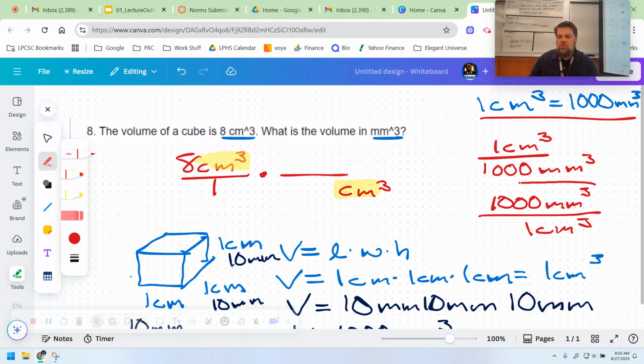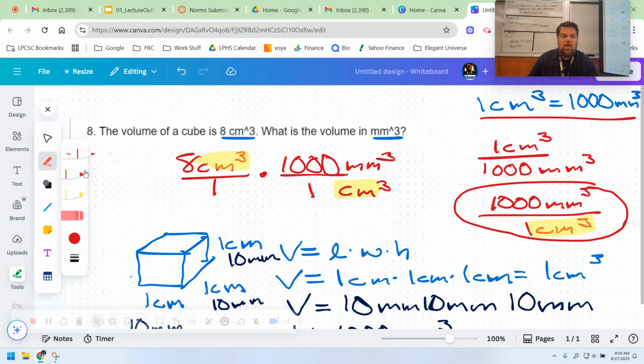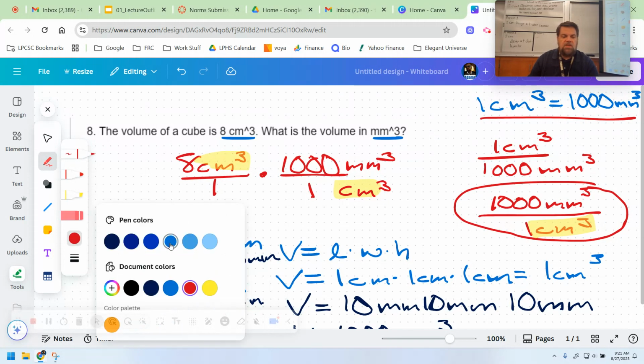I'm going to choose this ratio just because it has centimeters cubed on the bottom. Does that make sense? So then I just write that out. So I say 1 centimeter cubed is equal to 1,000 millimeters cubed. And then that just allows me to cancel this out.